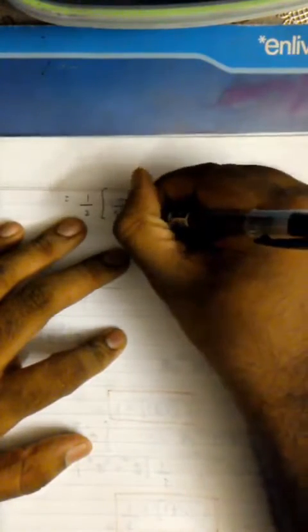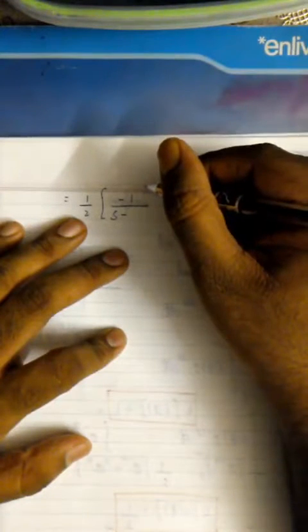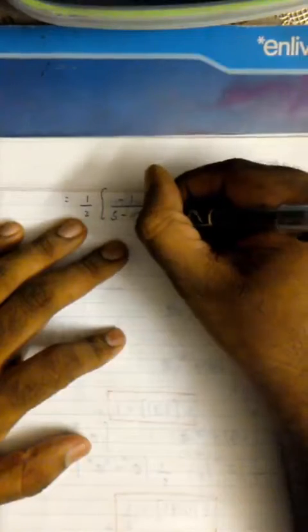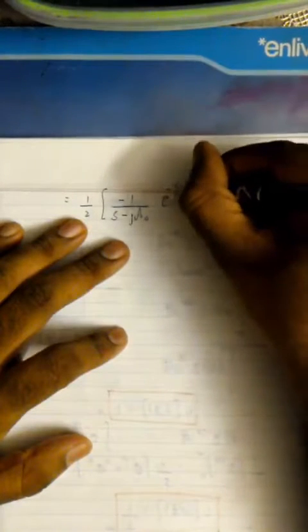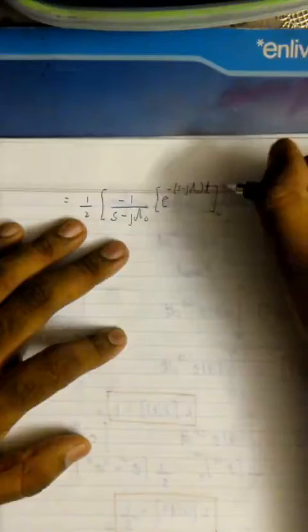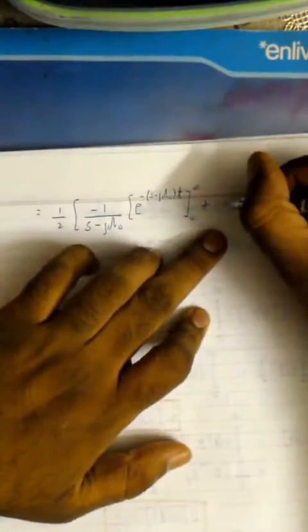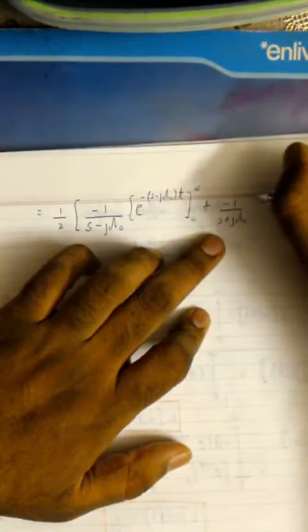Now on applying integration I will get 1 by 2 into minus 1 by s minus j ohm 0 into e raised to minus s minus j ohm 0 t from 0 to infinity plus minus 1 by s plus j ohm 0 into e raised to minus of s plus j ohm 0 t from 0 to infinity.